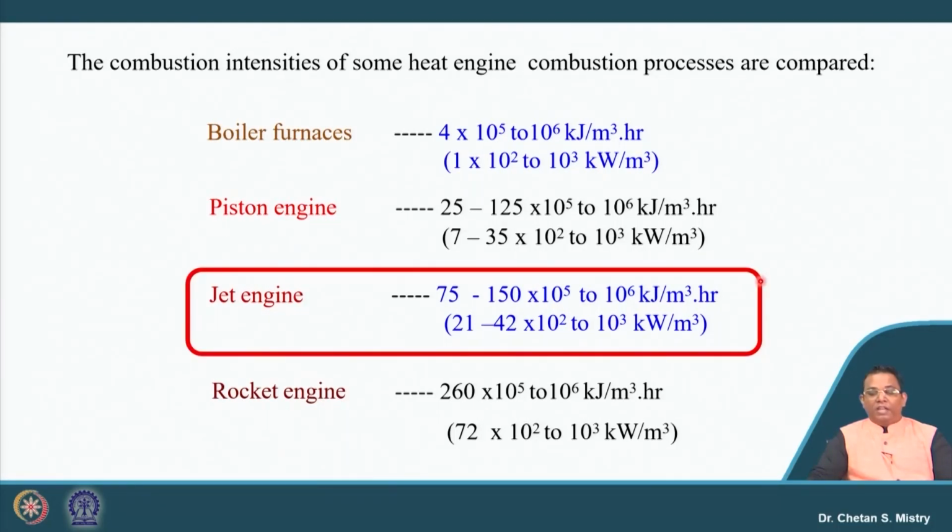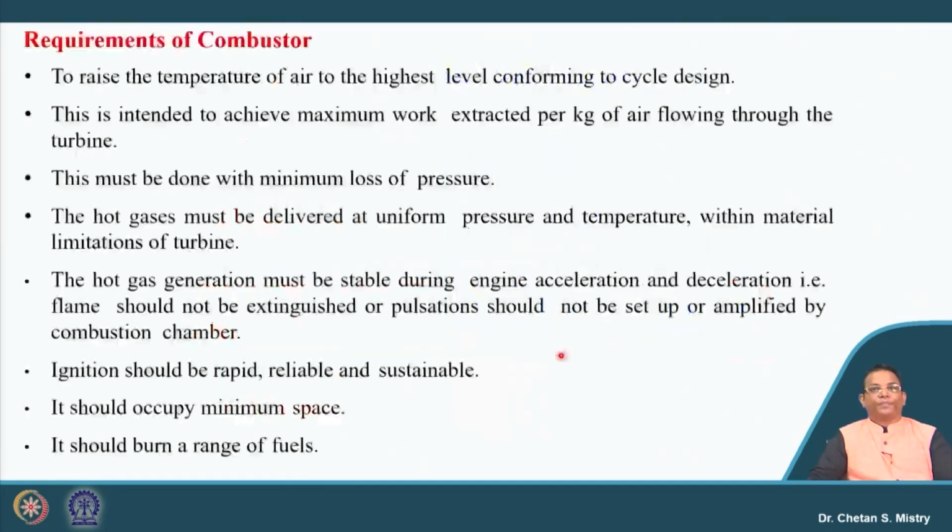The combustion intensity is in the range of 21 to 42 into 10 to the power 2 to 10 to the power 3 kilowatt per meter cube, which is a very high intensity per meter cube volume. If you compare, you will realize that for the rocket engine and the jet engine, my per volume heating intensity is very high.